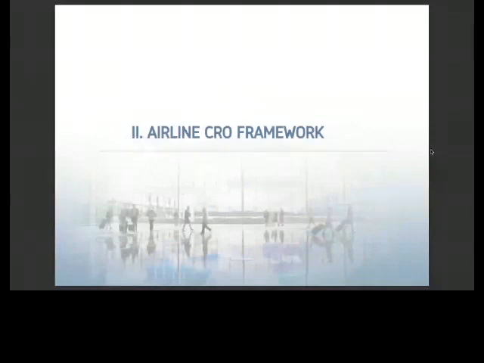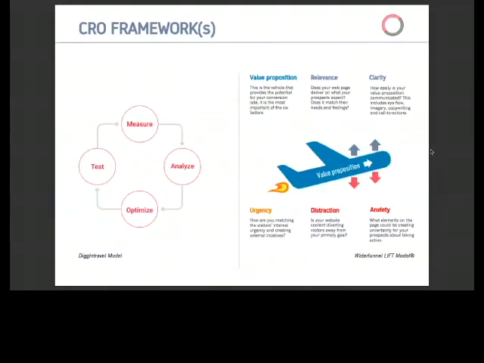Now, the second part, we said, okay, let's look a little bit at how we can apply some of these things in practice. So I titled this slide a CRO framework, although I don't really like frameworks or plans, but I put two models here. On the left side, you can see the model that we use at Diggintravel, and it's a very simple model, because simplicity is one of the things that I really appreciate.